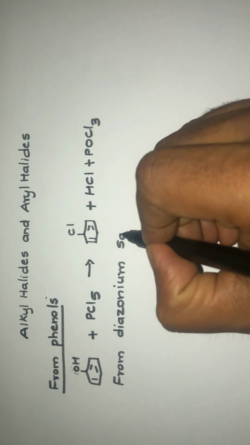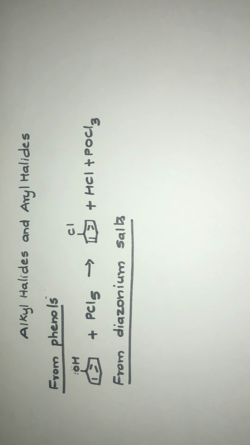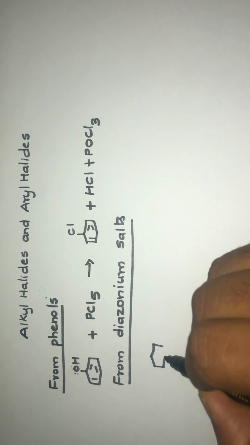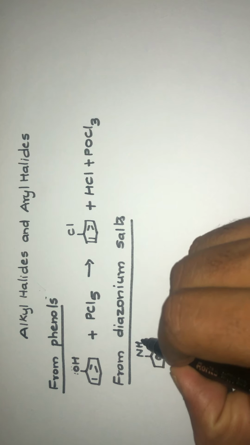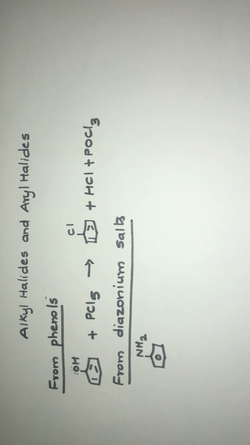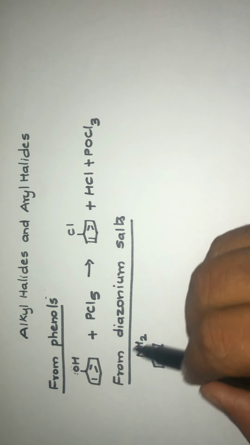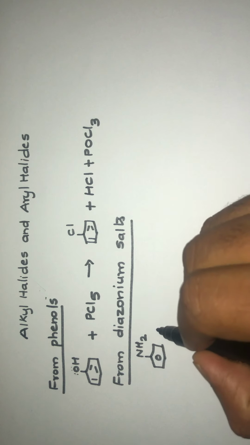Let us see what we mean by diazonium salts. If we have aniline, it's not always aniline, it can be any amine. I have taken aniline as an example because the diazonium salts of aromatic amines like aniline are generally stable.